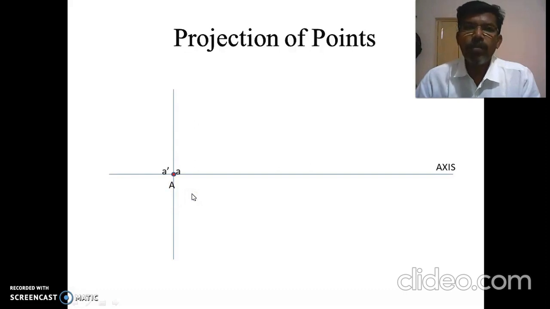So what will be the projection of the point A, which is placed in both the planes? So now draw the line. In both cases, A as well as A dash is on the midpoint of this vertical plane and horizontal plane. So both the views will appear at the same place. So put a point here, mark A dash as well as A.